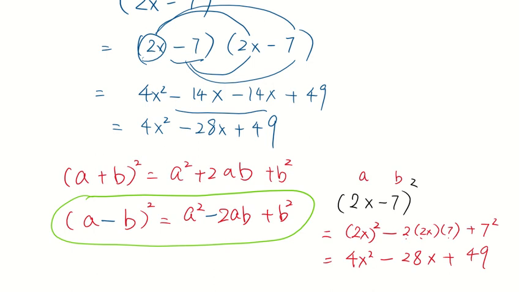So you can either multiply 2 by 2 like a regular 2 by 2, or you can use the formula. I strongly recommend you remember this formula because you will see these 2 formulas multiple times in the semester.